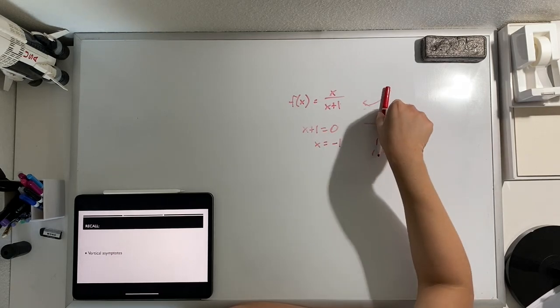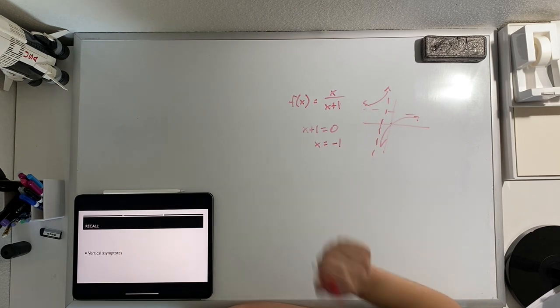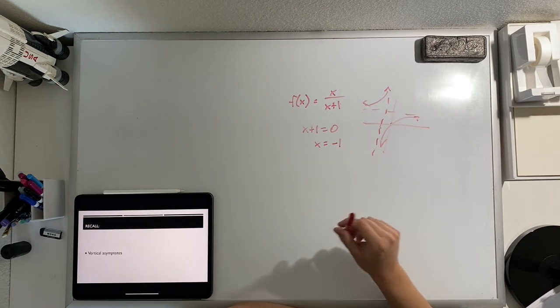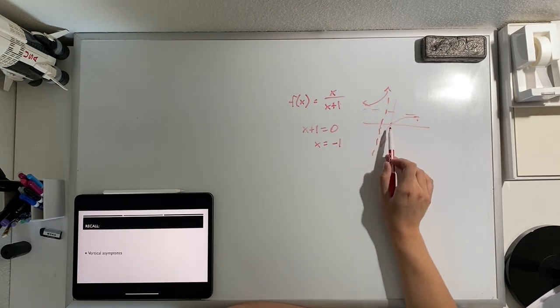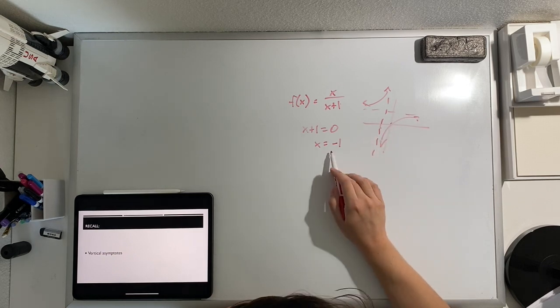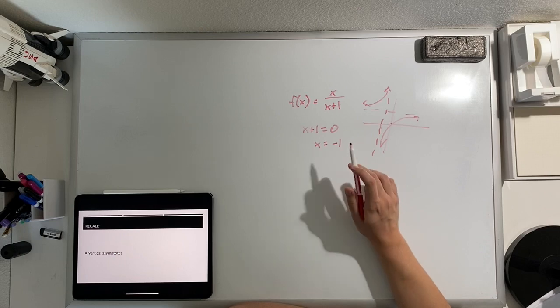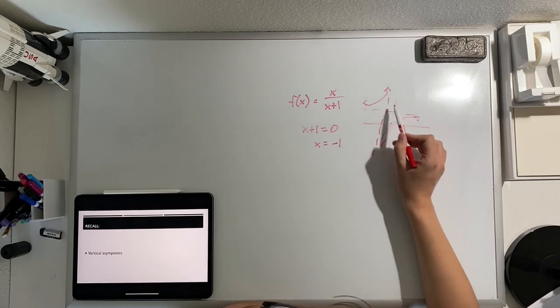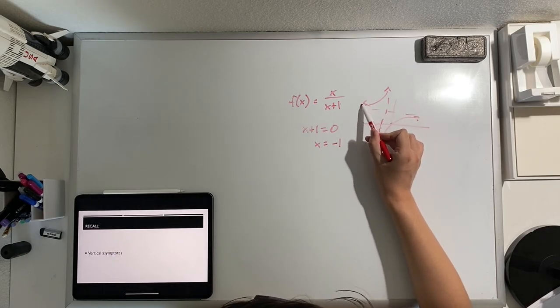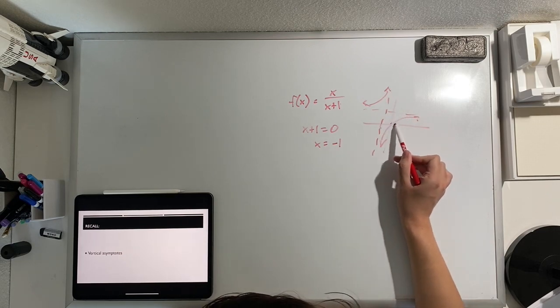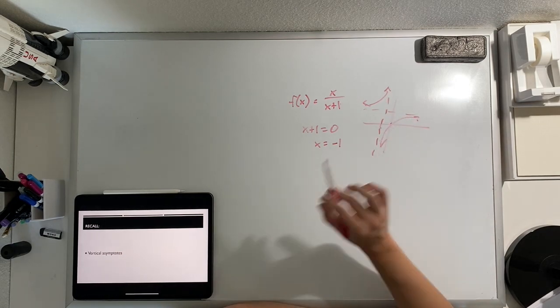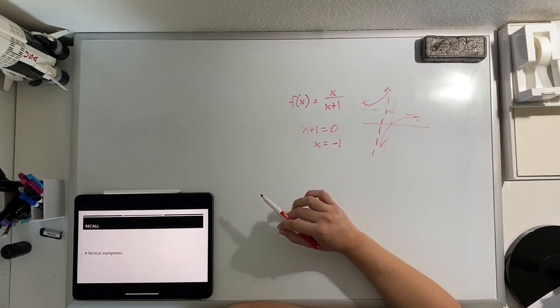Now, talking about vertical asymptotes specifically, as this function approaches -1, so the limit as x approaches -1, and we can talk about that from the left side and from the right side, what y value is this function approaching?